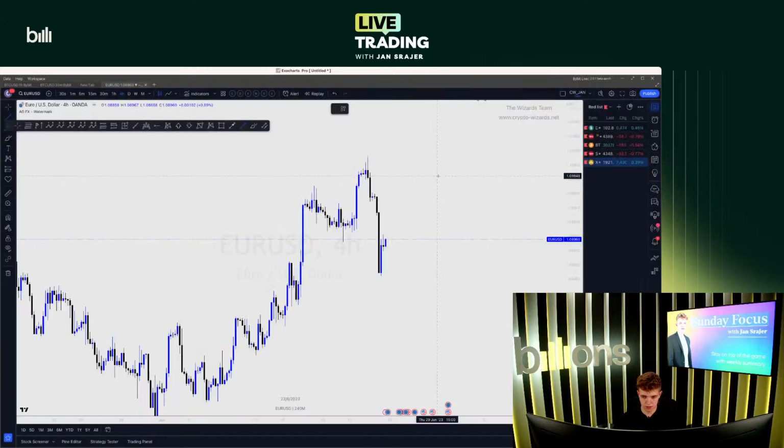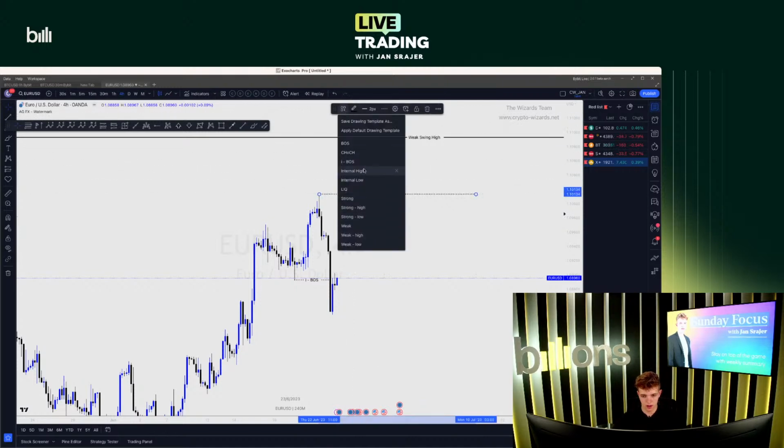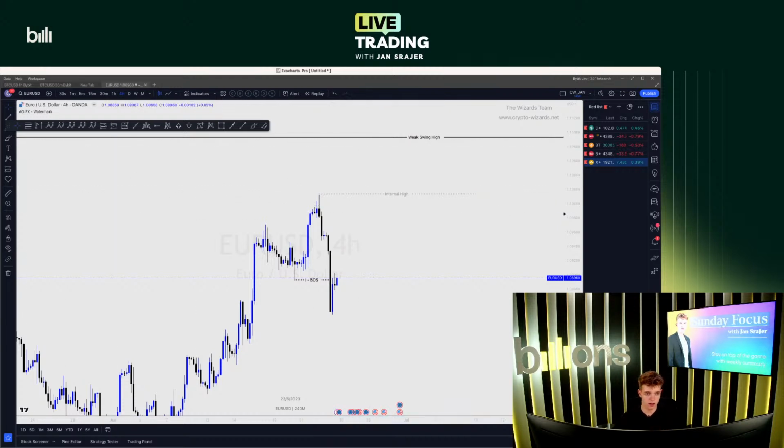Locally IBOS. Internal high, which will also be strong high on a 15-minute time frame. So this gives you internal high. This is gonna be the internal low.